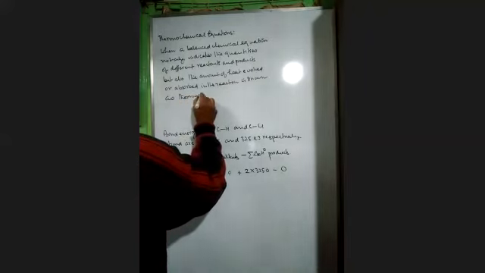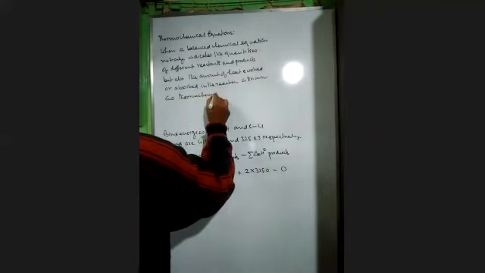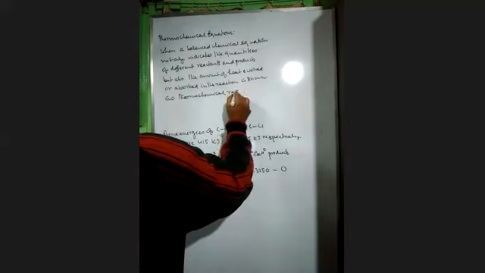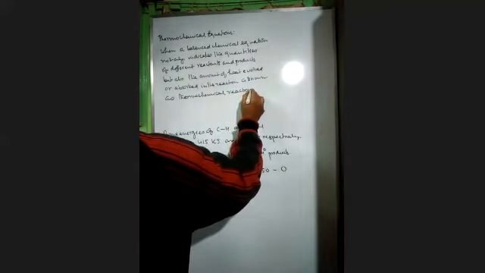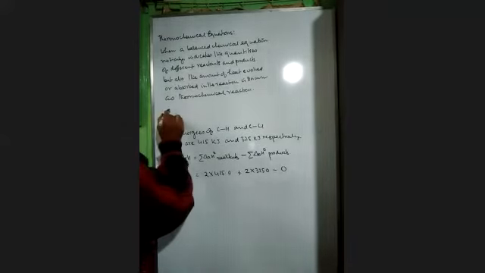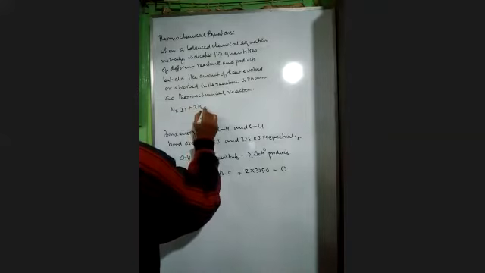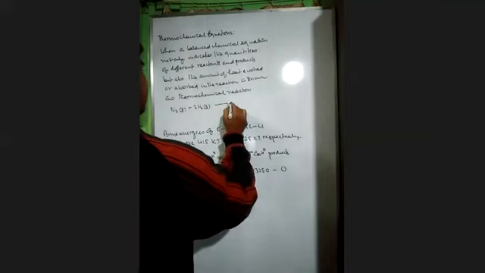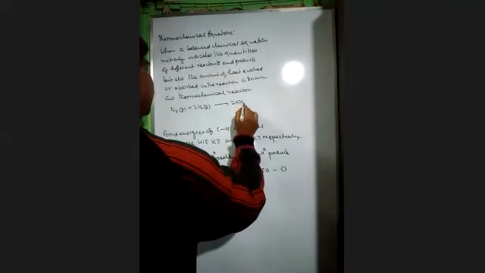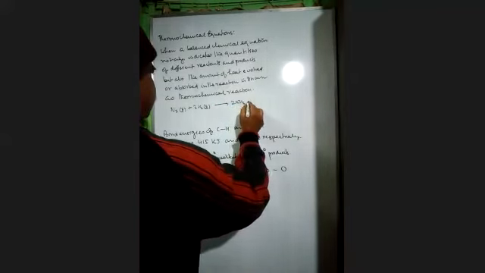the thermochemical equation. Okay, so I'll give you two examples. N2(g) plus 3H2(g) gives you ammonia and it releases heat.